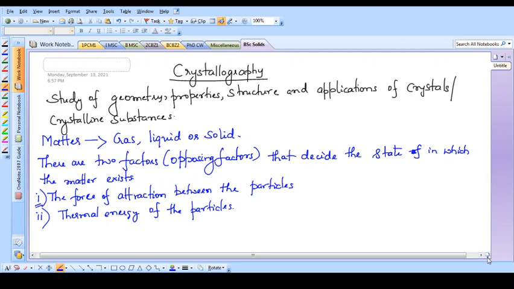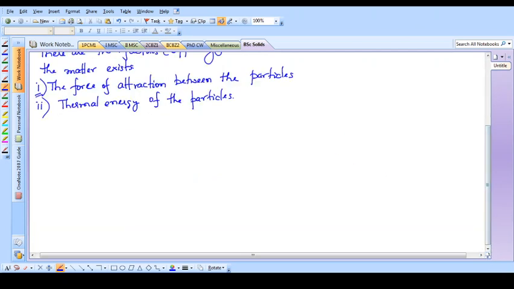Let us now officially classify these three states of matter. Difference between gaseous, liquid, and solid state.